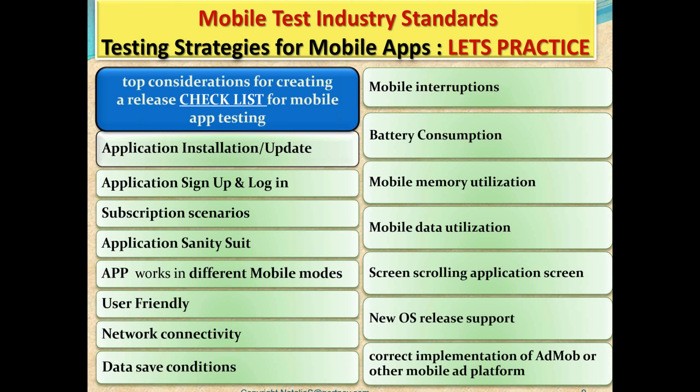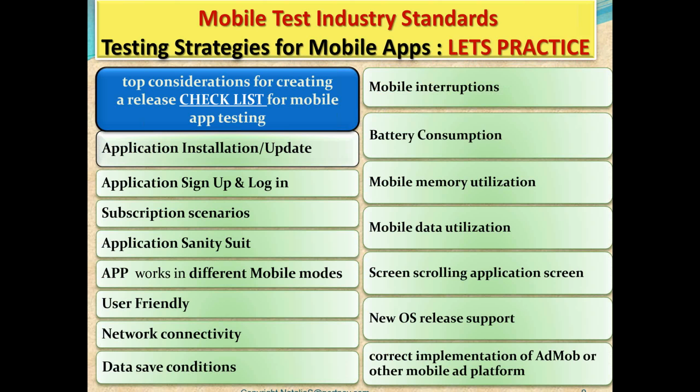Then we should check the idle screen: testers can run the application when the mobile screen is idle and check battery consumption. Then we have mobile memory utilization, and testers need to check that the application does not utilize more memory, which may degrade application performance, eventually degrading overall mobile performance.